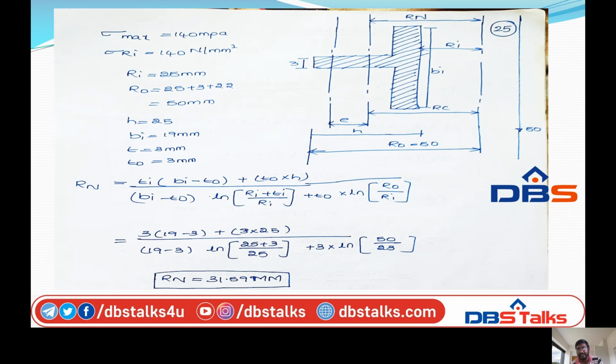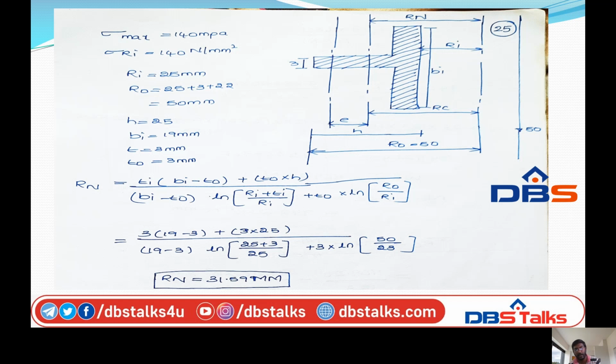The thickness is 3 mm. So the total height of the T section is 25. By removing the thickness, 25 minus 3 is equal to 22. So height is equal to 25. Bi is equal to 19 mm. Small t is equal to 3 mm. T naught is equal to 3 mm.